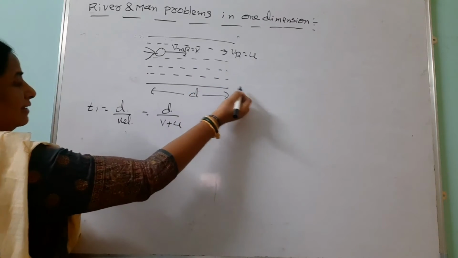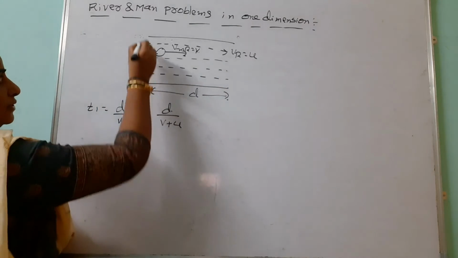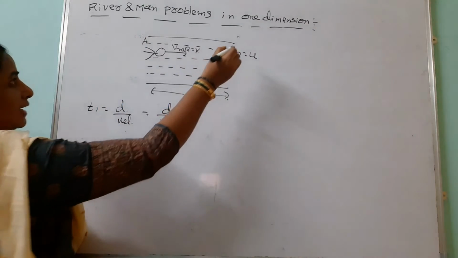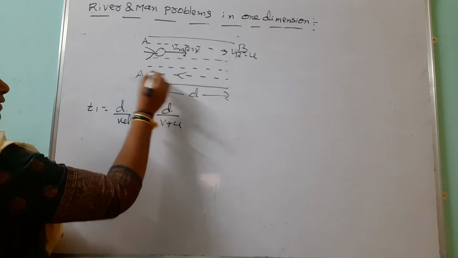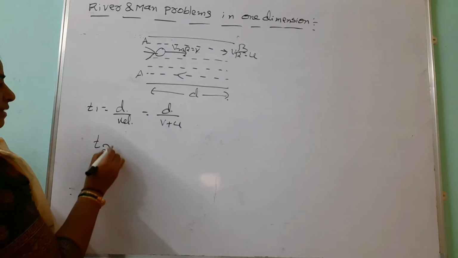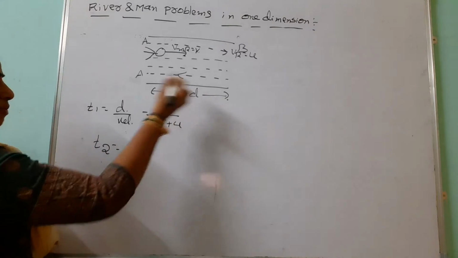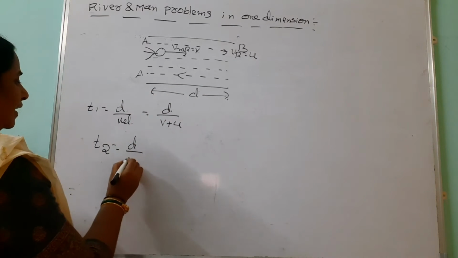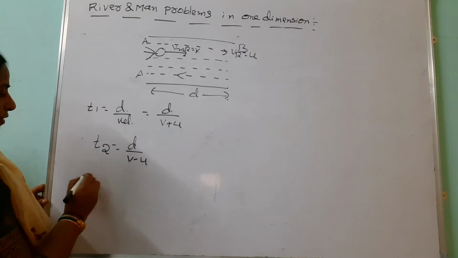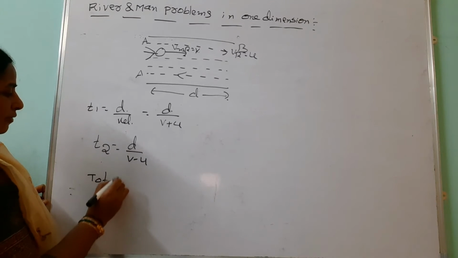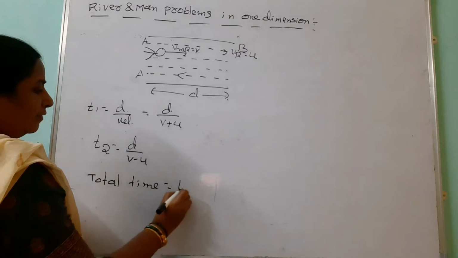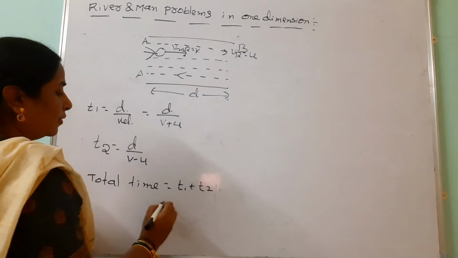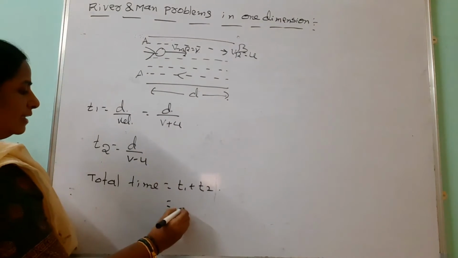Then what happens? After covering distance D, he comes back to the same position. Suppose he started at A and reached B, then once again he comes back to A. In this case, how much time is there? D by V minus U, since he is swimming opposite to the river. The total time for the to and fro motion is T1 plus T2. In both cases, D is common.